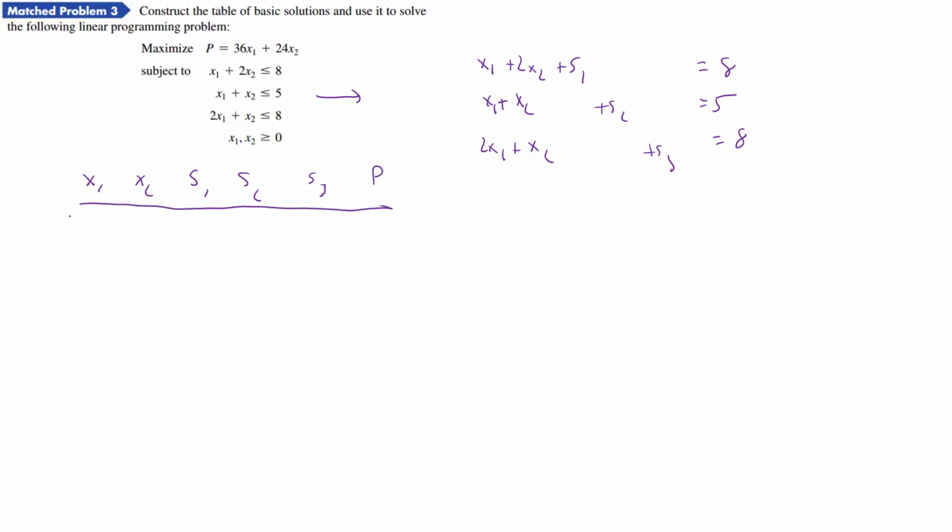And then we're going to have 0, 0, 0, 0, 0, 0, 0, 0. Then we'll go over 1, 0, 0, 0, 0, 0, 0.